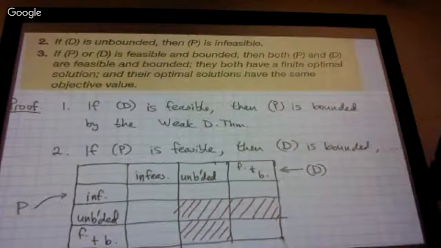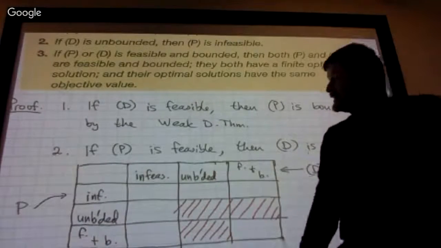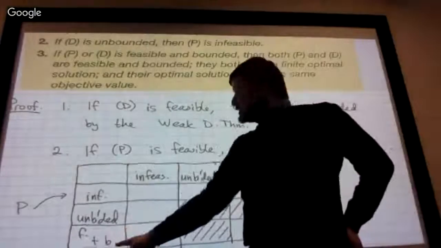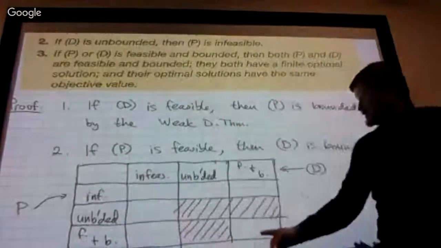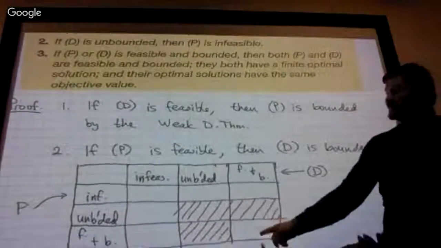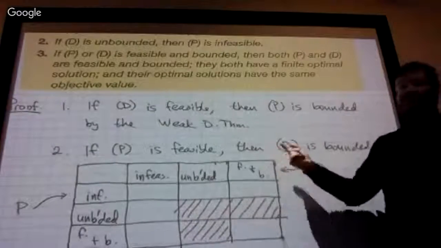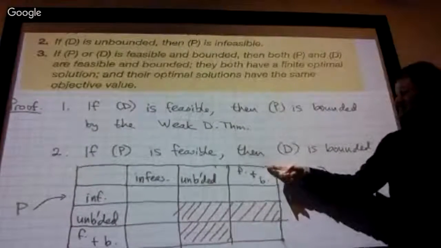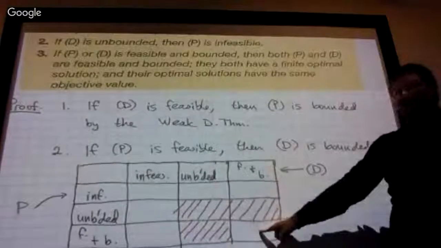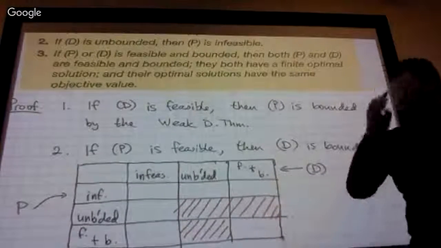The third point is saying that if P is feasible and bounded, then this cannot happen, and we must be here. And if D is feasible and bounded, then this cannot happen, and we must be here.